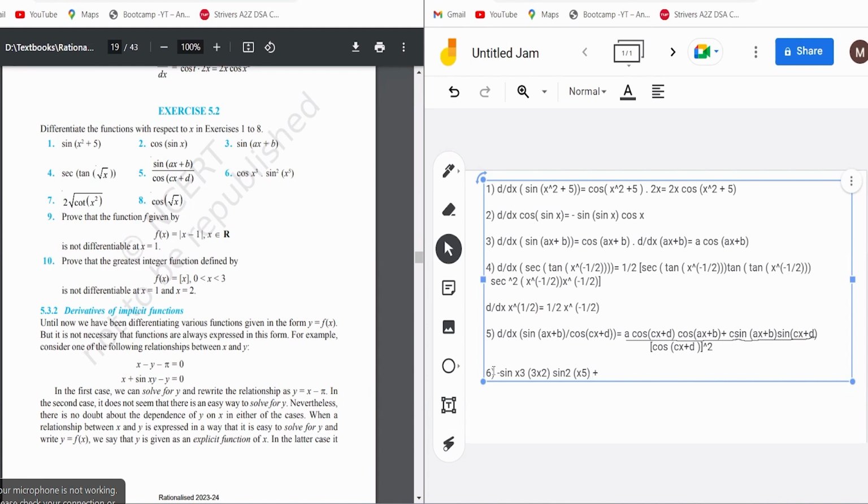Plus first function as it is, that is cos of x cube multiplied by differentiation of second function. And what is the differentiation of the second function? The second function is sine square x power 5. So its differentiation would be, firstly going from outside to inside, differentiation of square would be 2 times sine of x power 5 multiplied by differentiation of sine of x power 5, which is nothing but cos of x power 5.